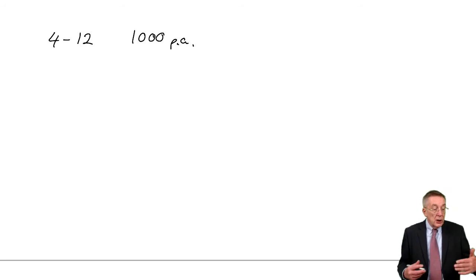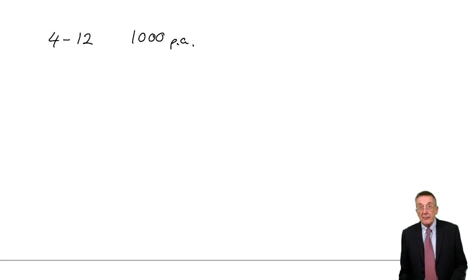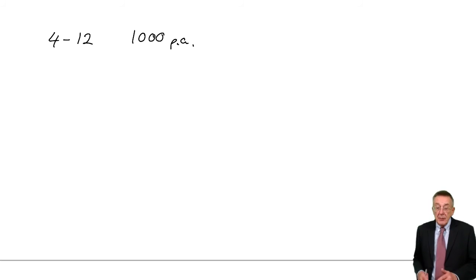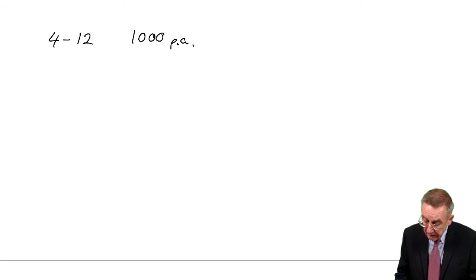So we can get the total for years 1 to 2, 1 to 3, 1 to 4, 1 to 5, and so on. Here, though, it's not 1 to anything, it's 4 to 12. And so we can't do that directly, but what we're going to have to do is this.